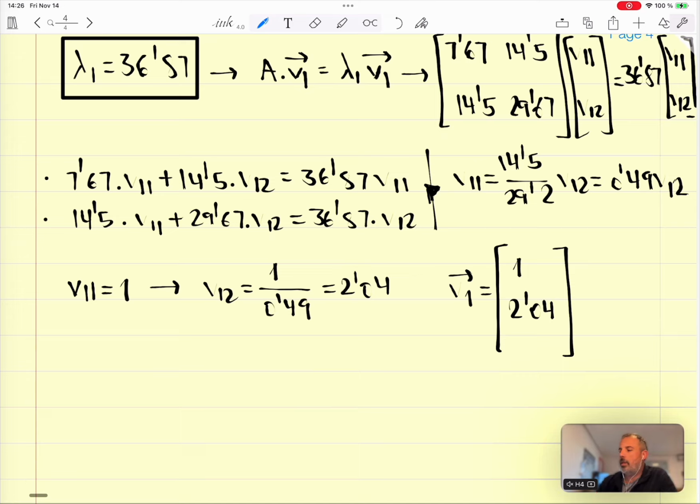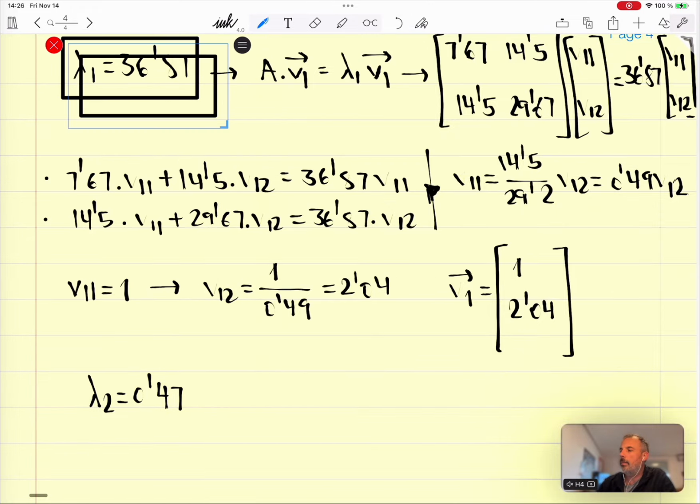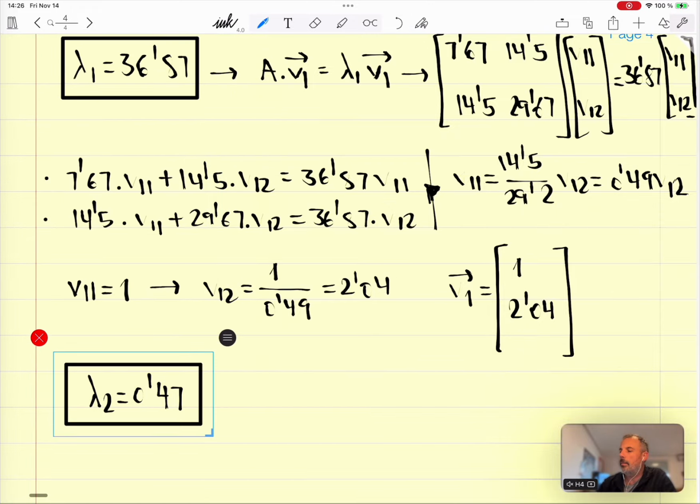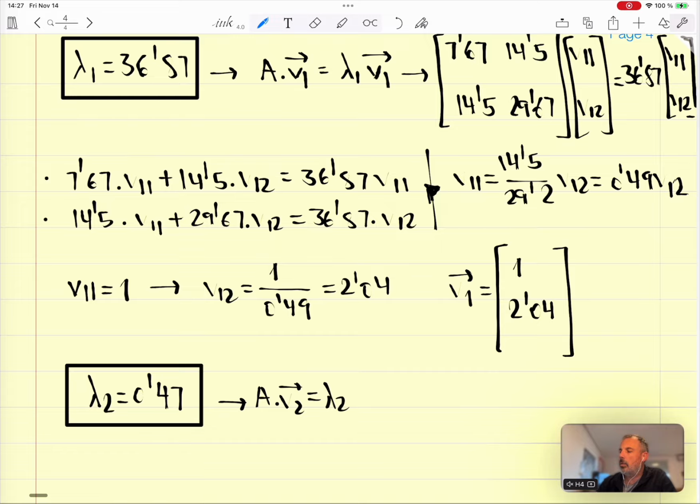For the second eigenvector, it was 0.47. We do exactly the same. A times V2 equals lambda 2 times V2.